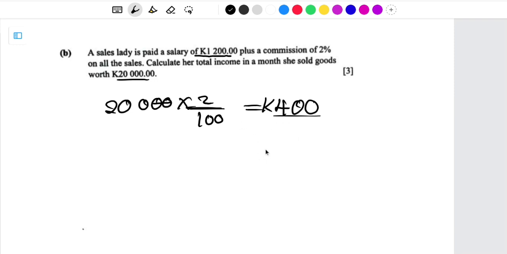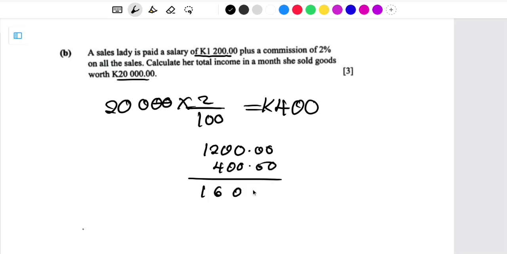So total, we have 1,200 plus 400. It's going to give us 1,600 kwacha. So this is the amount she's going to receive.